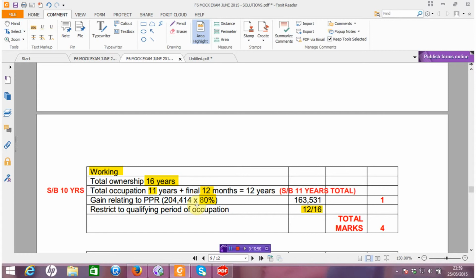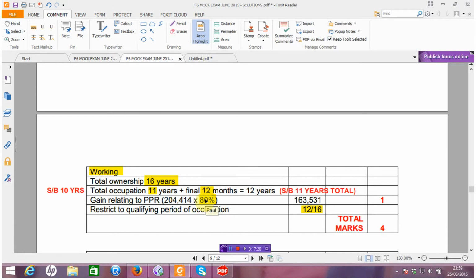So that element of the gain would be wholly chargeable. I can't see how you can take 20% of the final 12 months, because the property wasn't being used for trading purposes in that final 12 months. So that element shouldn't, I feel, be adjusted for a trade purpose, because the trade wasn't being carried on at that time.